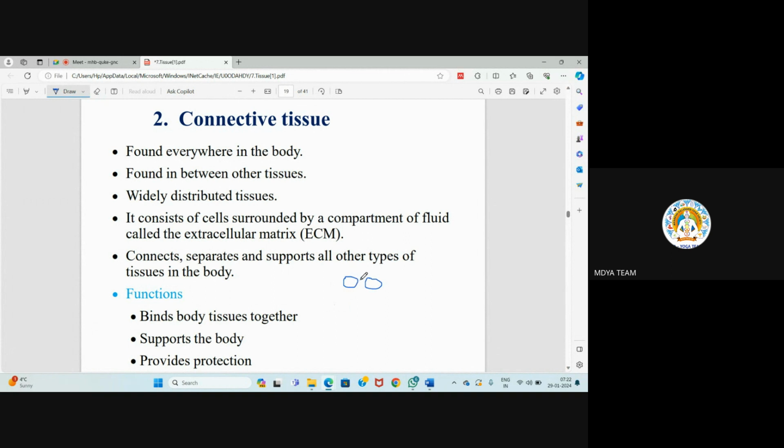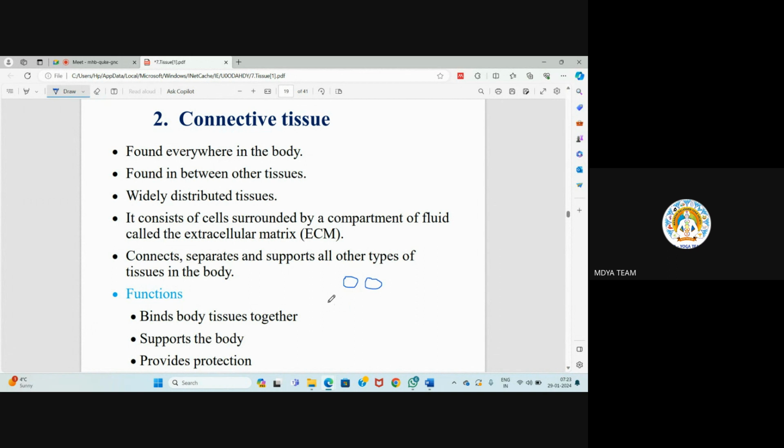What could the intracellular fluid be? If we have studied the cell well, what should it be? Cytoplasm. Yes, very good. Inside the cell, the intracellular fluid is cytoplasm, and outside the cell, extracellular fluid is found. That fluid is separating these two cells. So we can see that it is also separating in some cases.